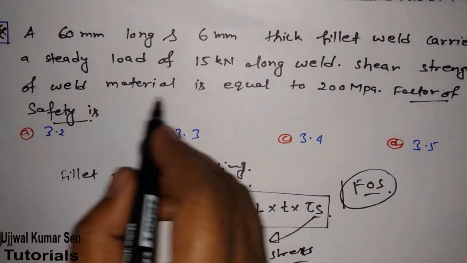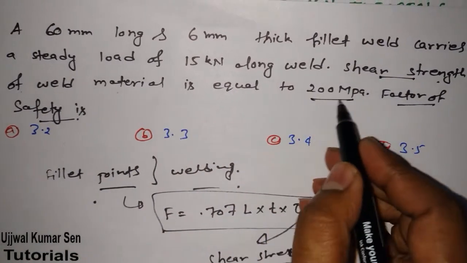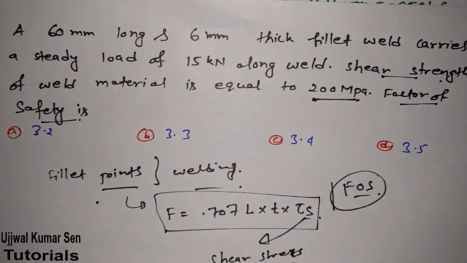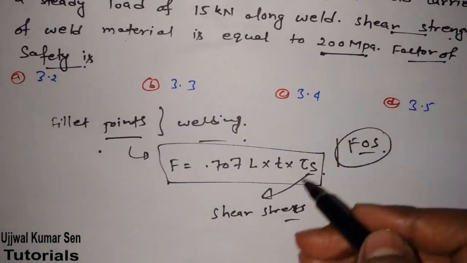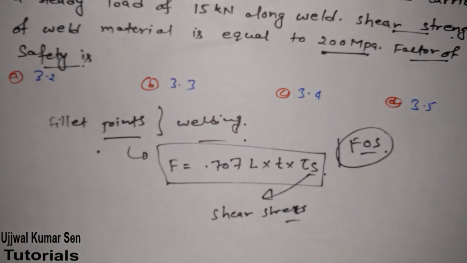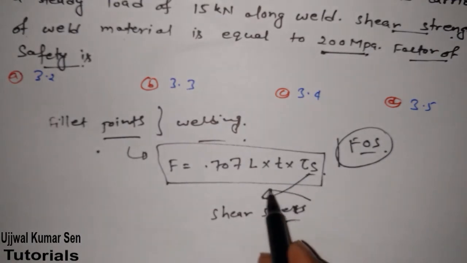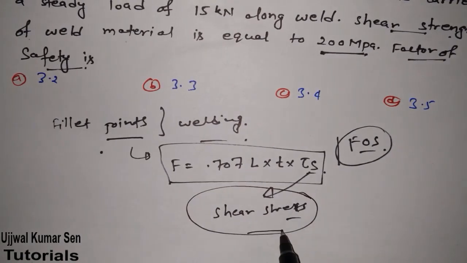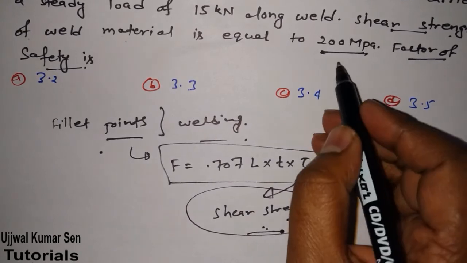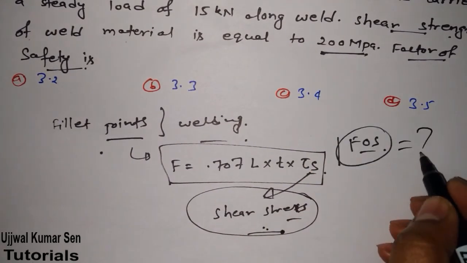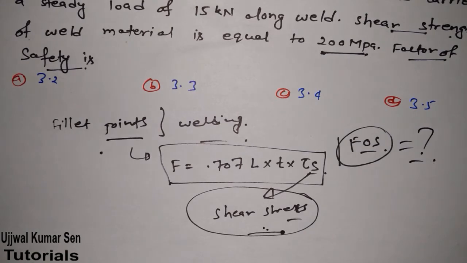They said that the shear strength of the material is 200 megapascal. Then we have to compare, that is, find the ratio. We have to divide this by this, and the value we get is known as the factor of safety.